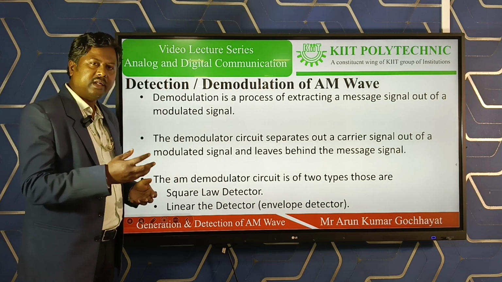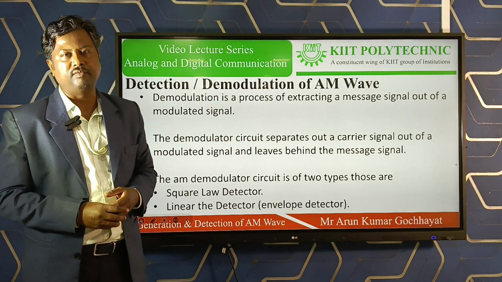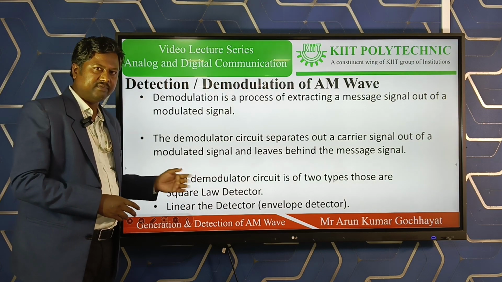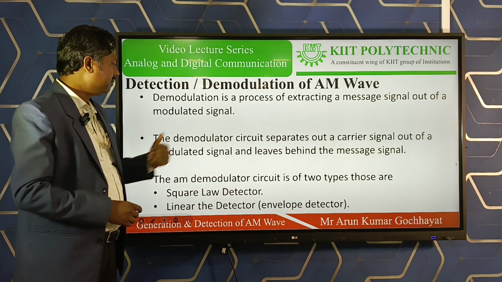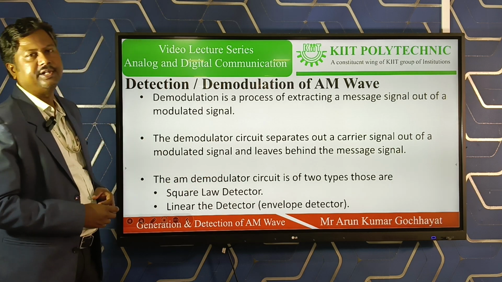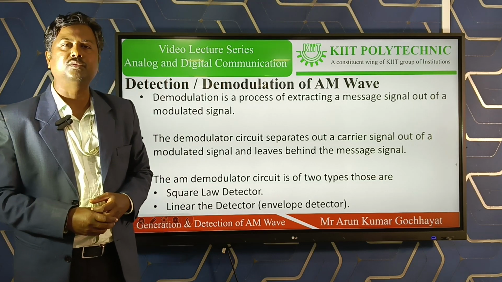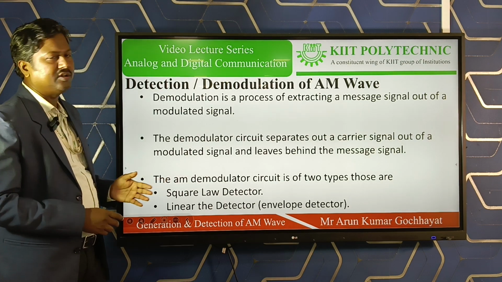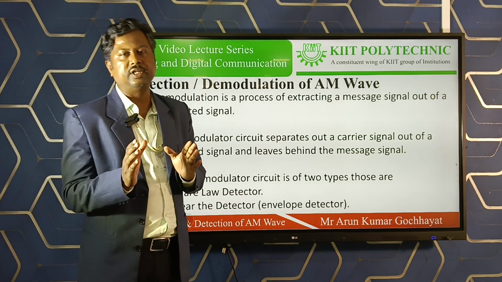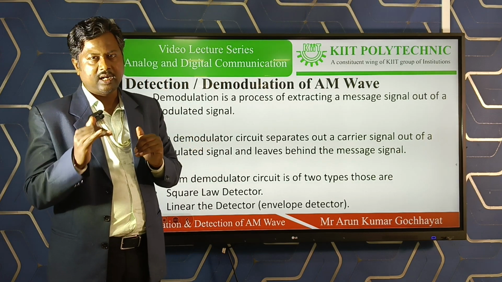If you are extracting the message signal out of a low level amplitude modulated wave, that kind of demodulator circuit is called a square law detector. If you are extracting the message signal from a high level amplitude modulated wave, that kind of detector circuit is called a linear diode detector.